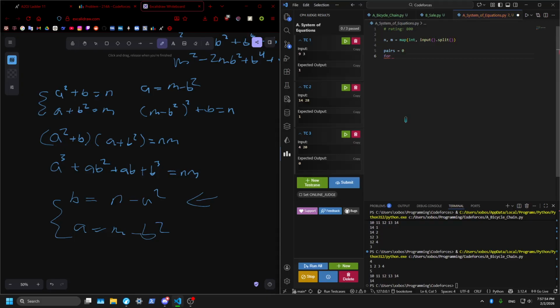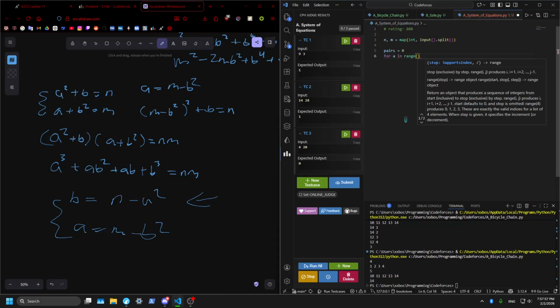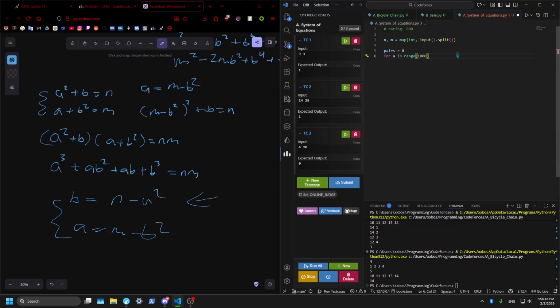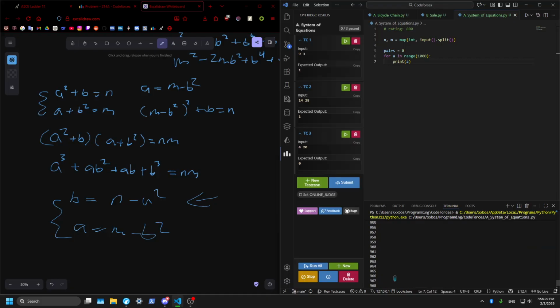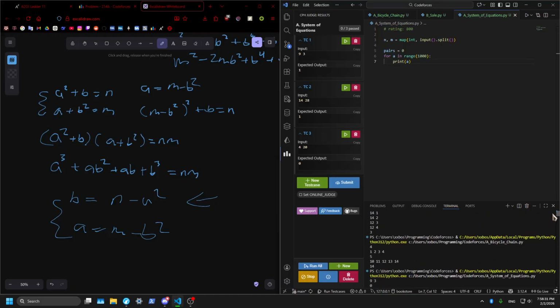So for A in range 1000, print A. This shouldn't include 1000. This goes up to 999, right? Yeah, so we need to do, what does it start at?